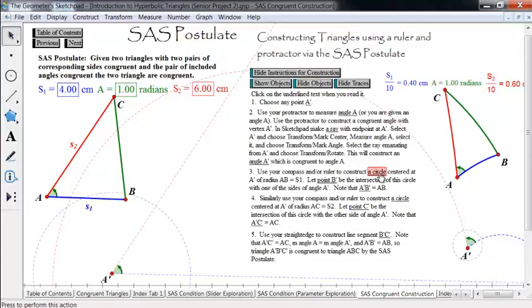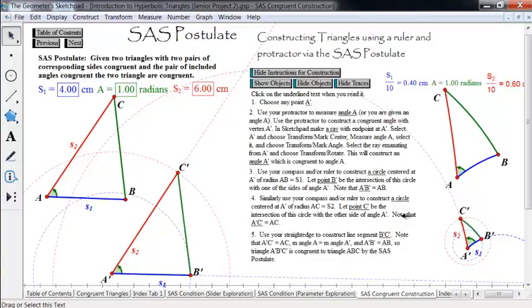Then we make a circle with the center and radius S1, or over here S1 over 10, and we pick where those points meet and then connect up and make our line segment. Now we make a circle of radius S2 on the left, or S2 over 10 on the right, and we get that point where it intersects, connect up that side, and then of course we connect up the final side, and we have that triangle.